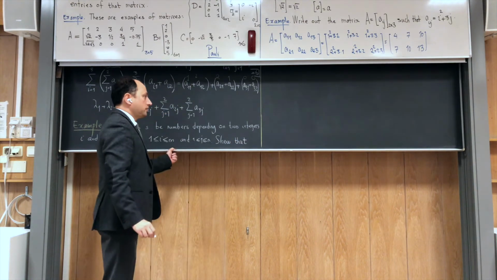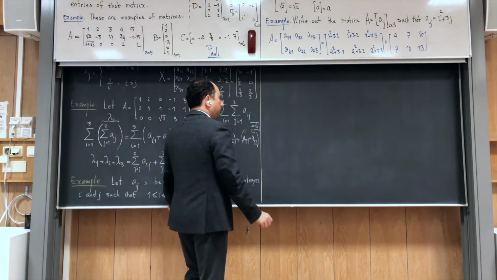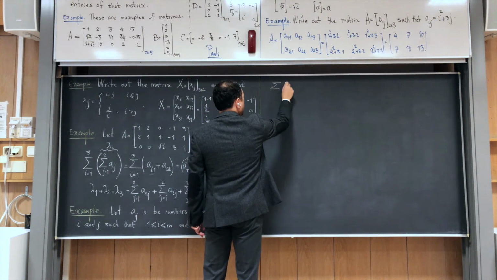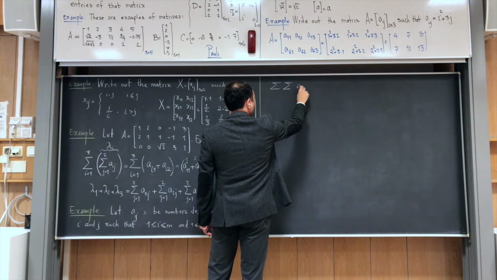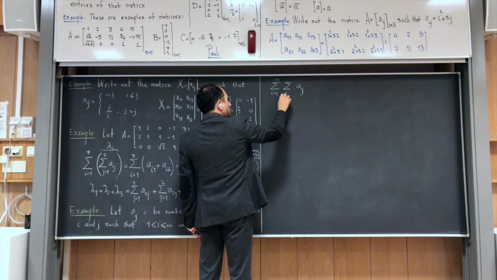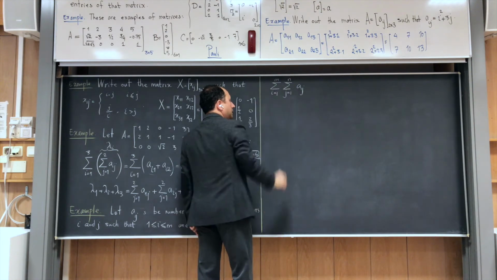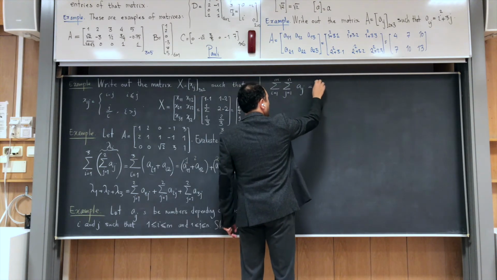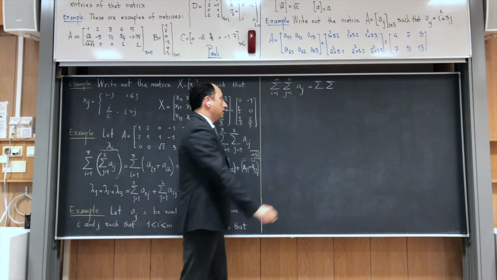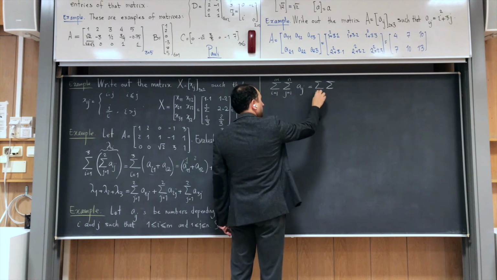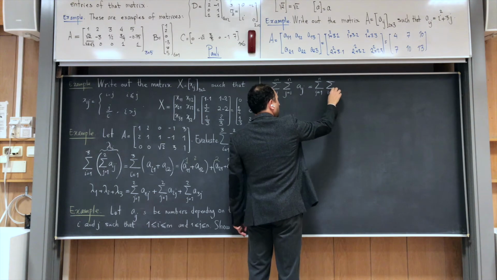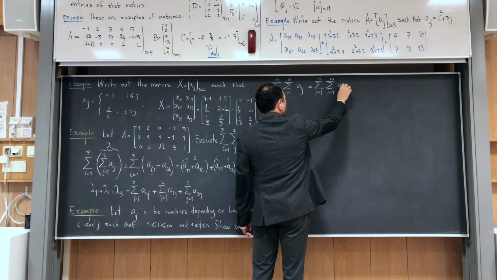So we want to show that the sum over i from 1 to m, and then j from 1 to n, of aij is the same number if I interchange these summations, meaning that first I run j from 1 to n, then I run i from 1 to m, of aij.